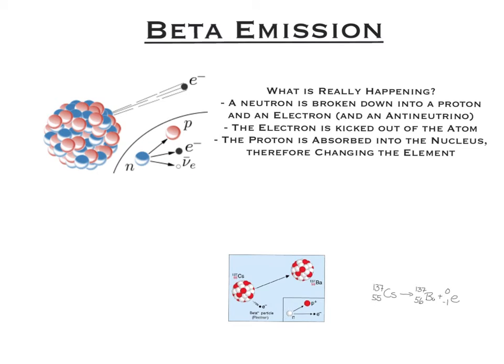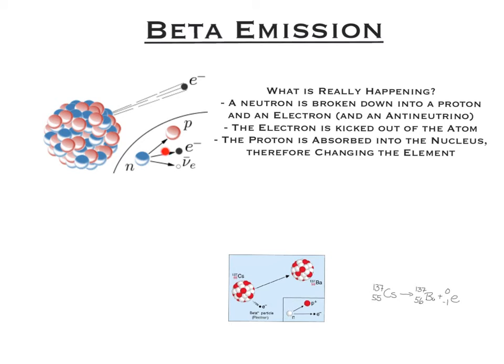What's really happening is, first, right here if we look, a neutron is broken down into a proton, an electron, and an antineutrino. We are not really worried about the antineutrino. That is much deeper into chemistry and even physics than we would ever go. But just know that those are the three things that get created.